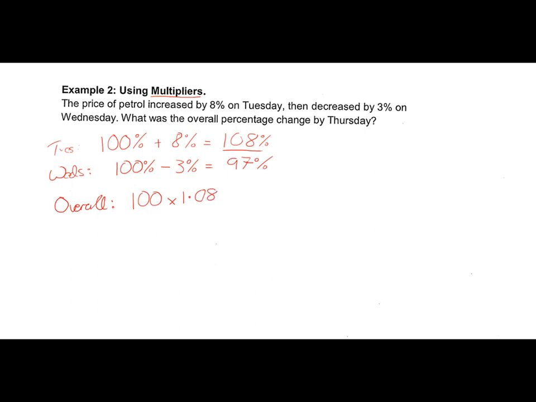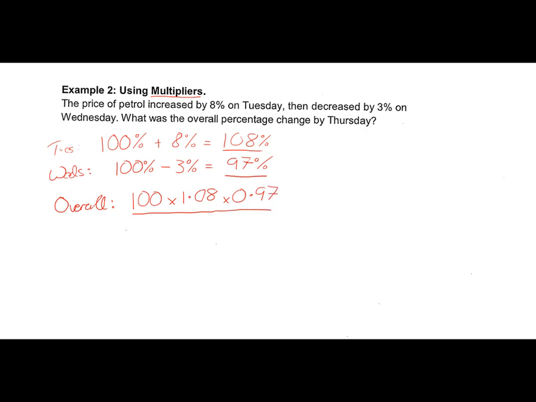The next day, on Wednesday, we end up with 97% of whatever we've got so far. So up to here, we now take 97% of this. So to find 97% of that, we multiply this by 0.97.